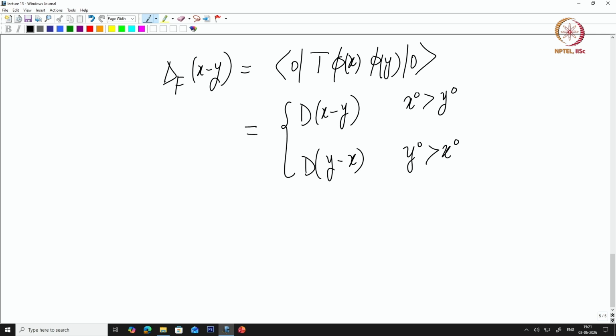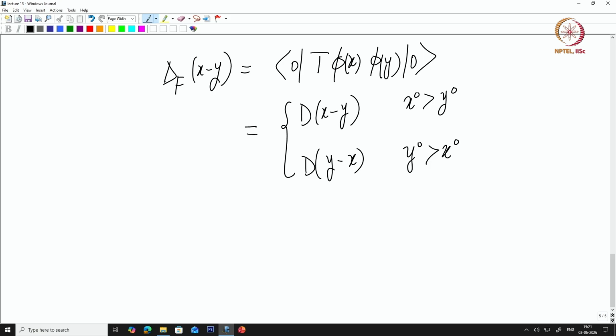So what does time ordering do? Time ordering tells you that if something is occurring at a later time, if y0 is greater than x0, it should always be placed on the right. Just like normal ordering, where all the annihilation operators are always on the right.